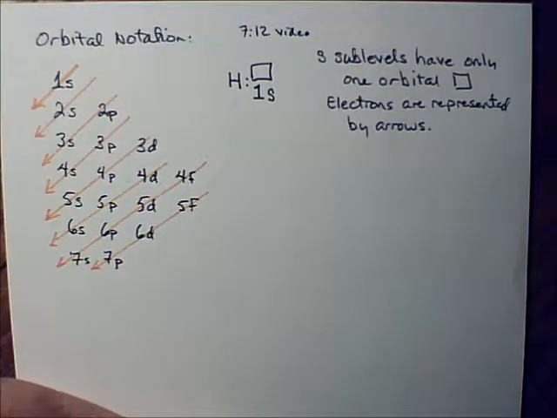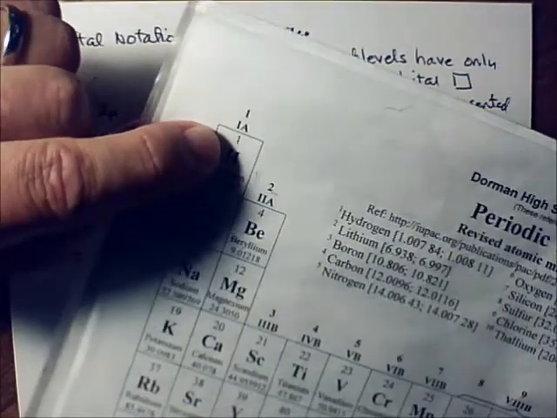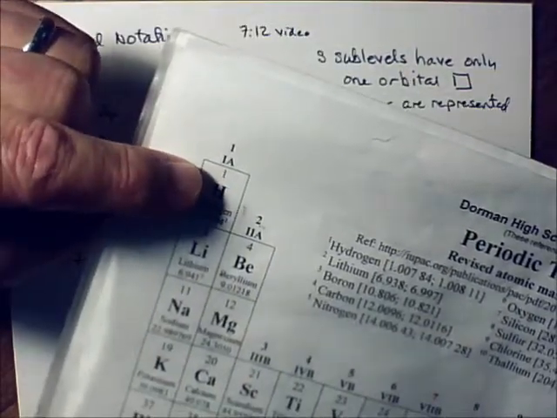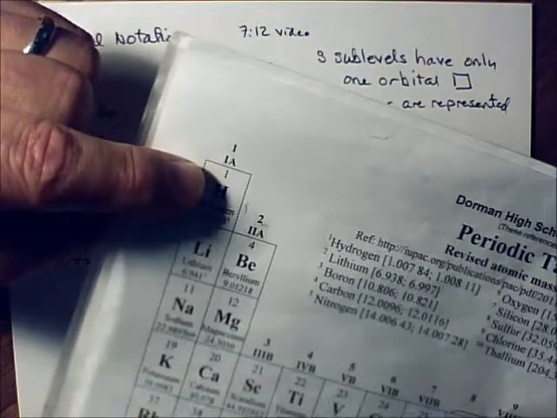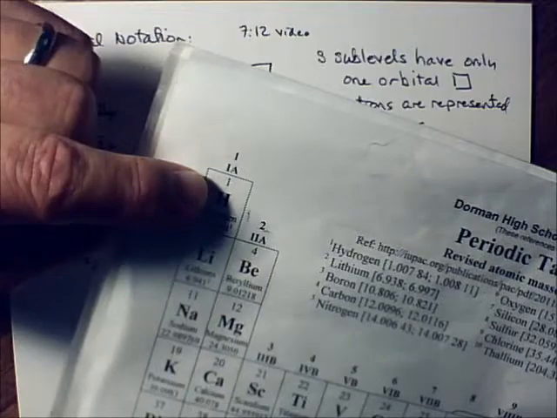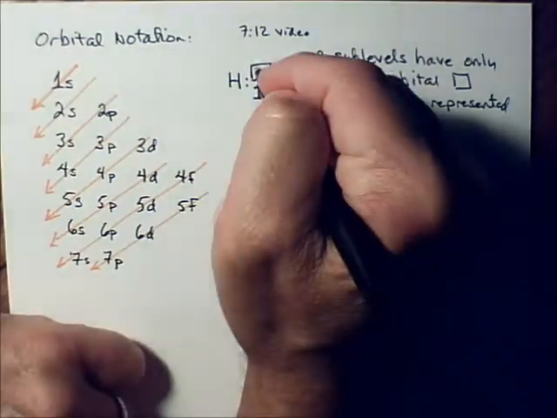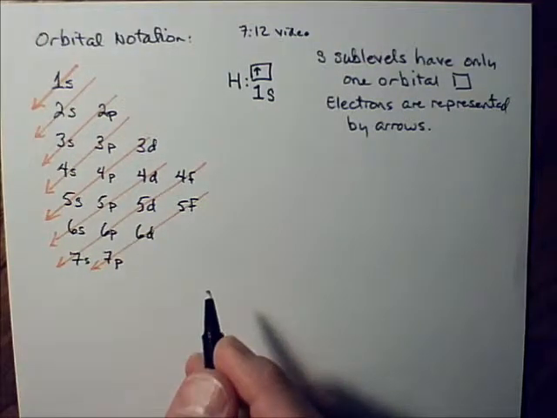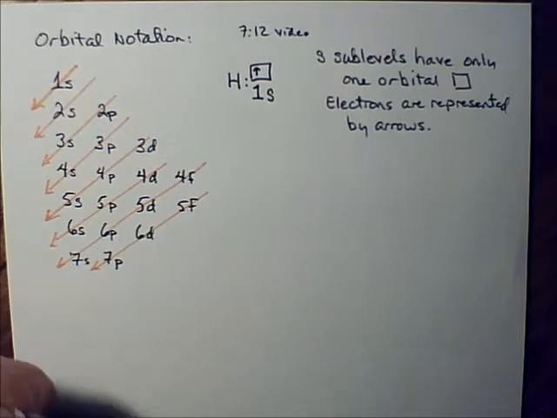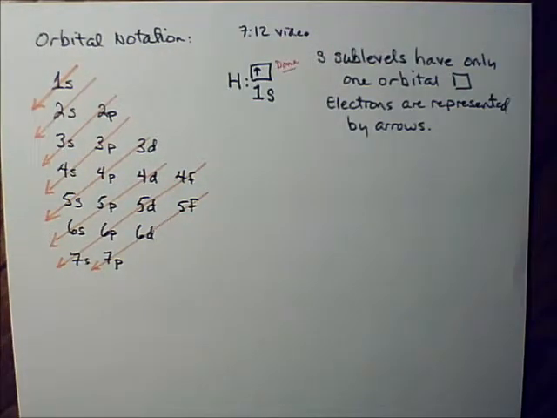If hydrogen has one proton, and we know that because that's the atomic number for hydrogen, it must have how many electrons? Just one. So we only need one arrow, and we're going to point that arrow up. And we're done. That's the orbital notation for hydrogen.